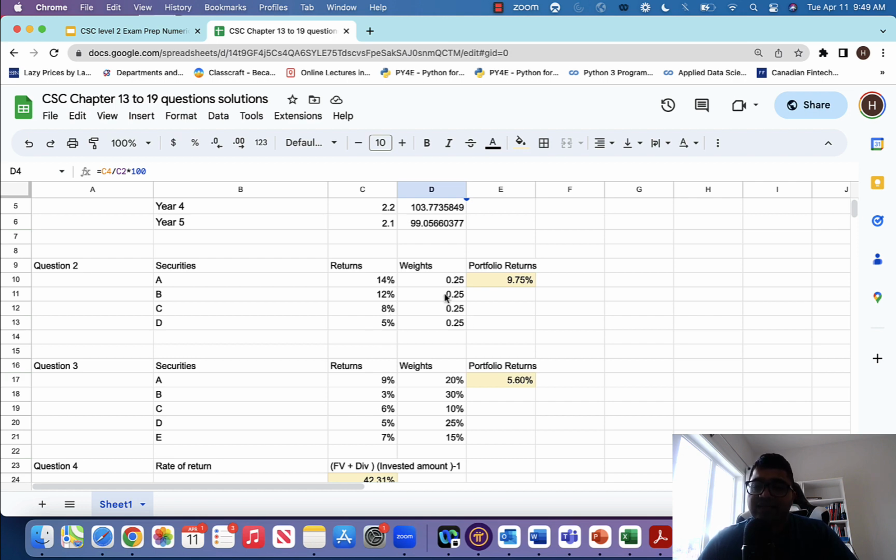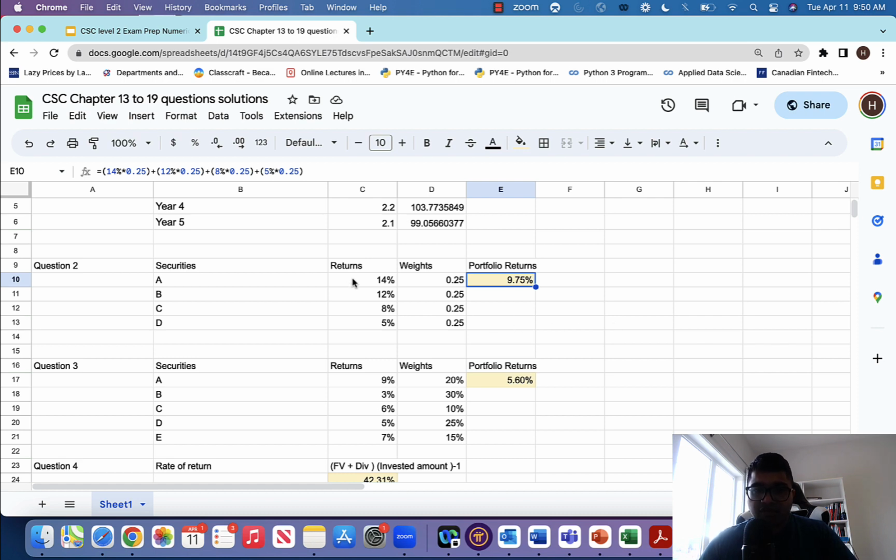Then weights are not given directly, but they are given indirectly. You have been told that your portfolio has an equal weighting. That is, there are 4 stocks, so each stock has a weighting of 1 by 4, that is 25%. So you have returns, you have weights. The next part is calculating portfolio return. What is the formula for portfolio return?